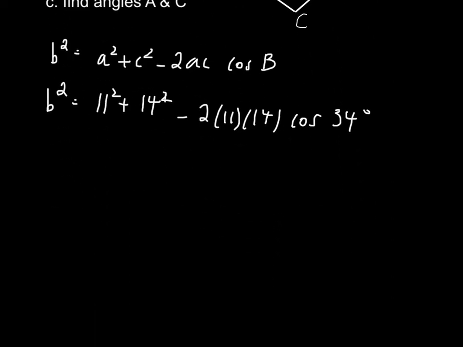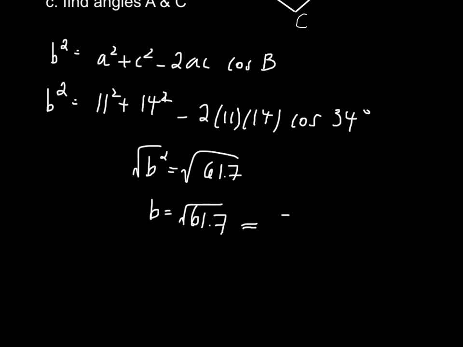For this, we get B squared equals 61.7, and then we take the square root to get B equals root 61.7, which is approximately 7.85.